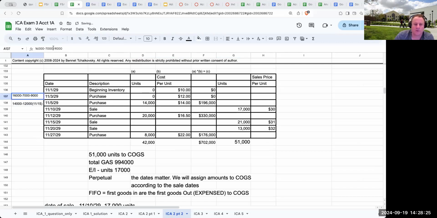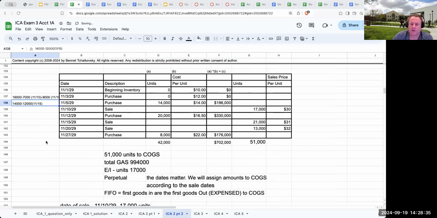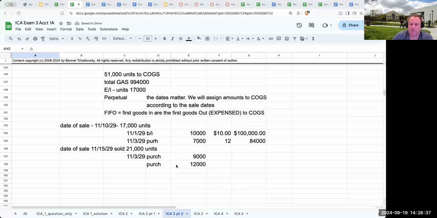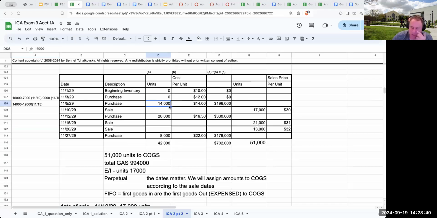And to make this a little bit more clear, this was 11/10, and this was the 11/15 sale date right over here. Okay. So I'm going to go ahead and take 12,000 units. When I take 12,000 units, I'm going to be left with 2,000 units.